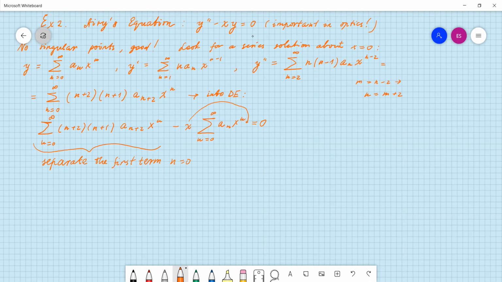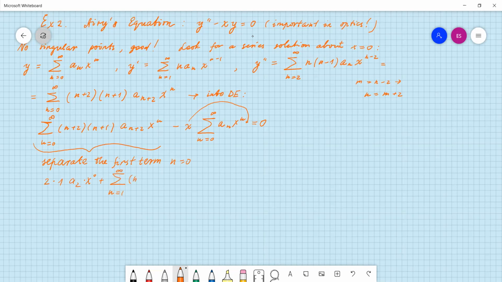So if I separate the first term here, what do I get? When I plug in n equals 0 here, 0 plus 2 is 2, 0 plus 1 is 1, and a_{0+2} is a_2, and x to the power of 0 is just 1, right? Well, I'm going to formally write it down. And then I write down the rest of the series starting n equals 1 to infinity.